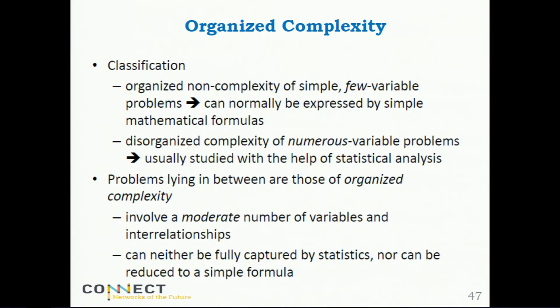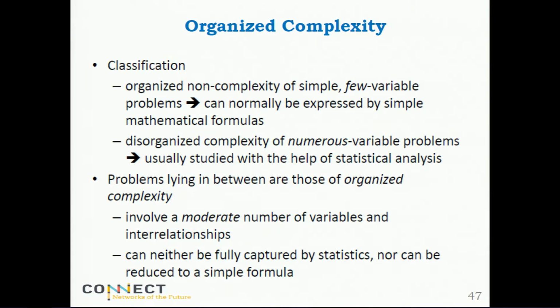Because you can't model trillions of particles, even simulating it, you couldn't manage that, right? So they make some simple assumptions about how the particles interact, and then you study the macroscopic properties. Complex systems are normally about something in between, what we call organized complexity.